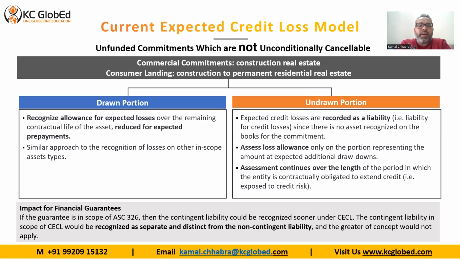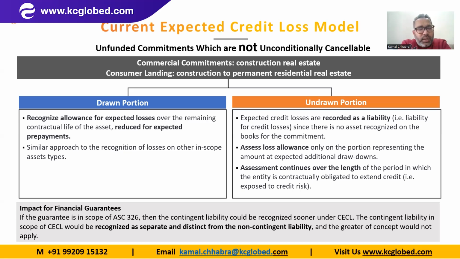But here there are two things. One is drawn portion, second is undrawn portion. What is the drawn portion of the unfunded commitment which is not unconditionally cancelable? Then we need to recognize the allowance for expected loss over the remaining contractual life of the asset, reduced for any expected prepayment.